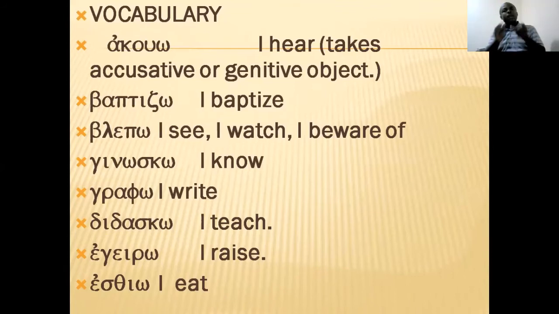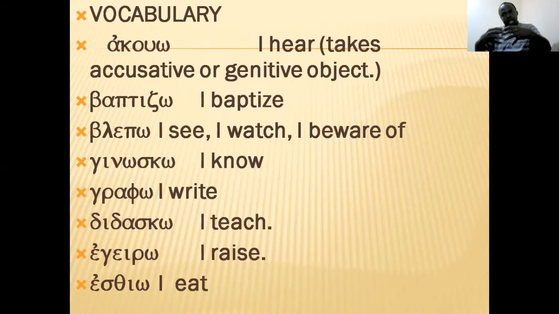Mind you, when you remove the ending and get the stem, just like in the first word in the vocabulary here, alpha, kappa, omicron, epsilon, omega, if you remove the omega, which is the ending, you will not say that alpha, kappa, omicron, epsilon can mean anything here, since the ending omega means I. No.